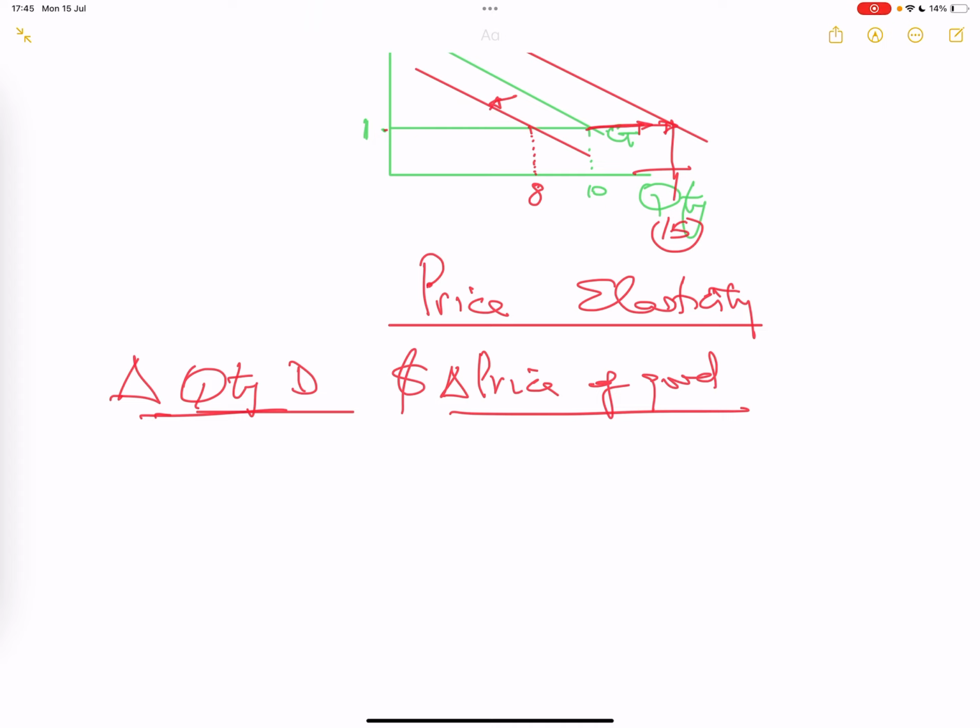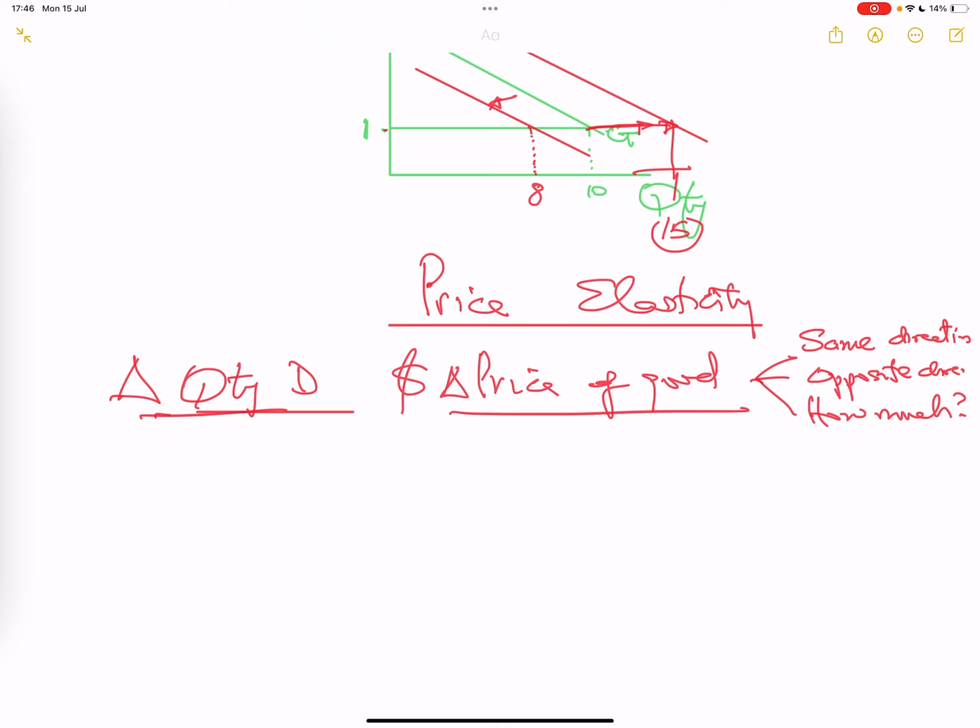To say, do they change the same way? Is it going to be same direction, or opposite direction? And how much would that change be? Is it small change? Is it big change? That is what elasticity is trying to explain.